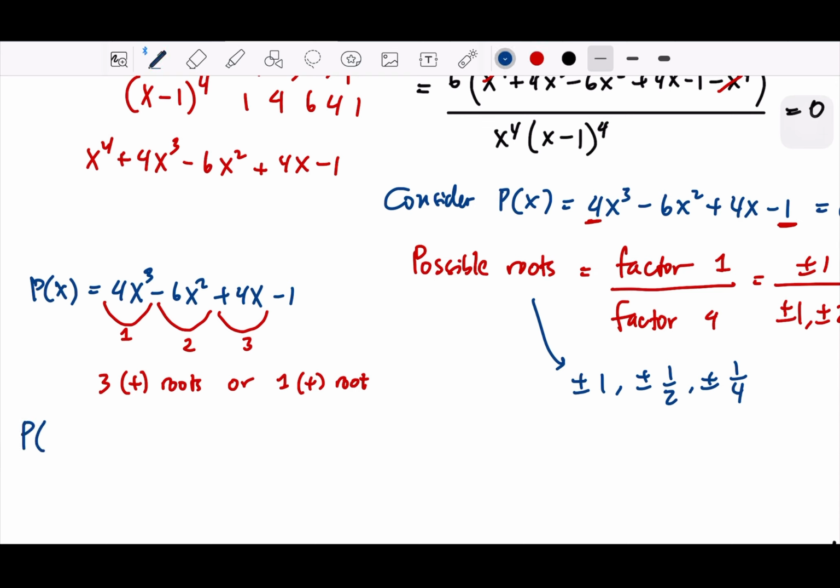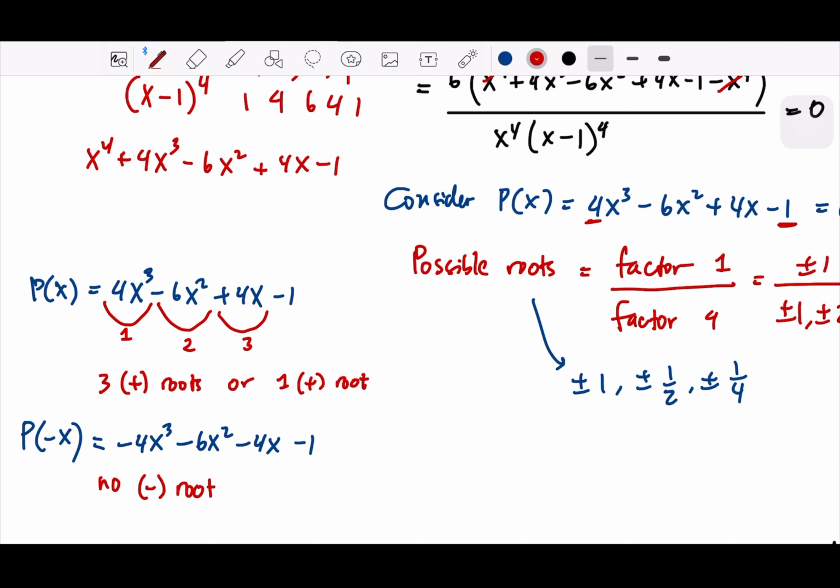For the negative roots, we need to plug in negative x. So we are going to have negative 4x cubed, negative 6x squared, negative 4x, negative 1. So this is going to be all negative. So no change. So we don't have any negative root, which is helpful.